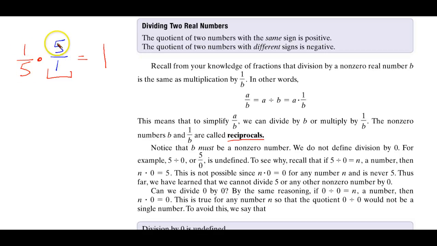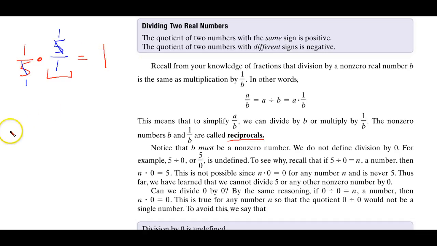Put the denominator in the numerator and vice versa. So what happens here now is the 5s can cross cancel, and everything is 1 times 1 times 1 times 1 is 1. Now it's a positive 1.